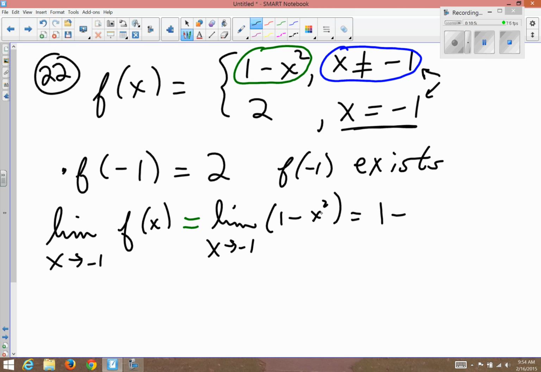That's 1 minus, this says square whatever x is. That's what x is approaching, so we're plugging that in. Now this negative does not get squared.